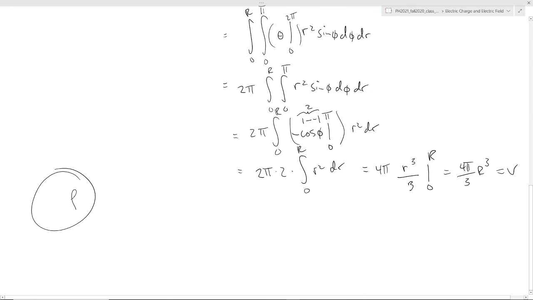And some of these are really simple because it'll just be some volume density. So this is just the charge per volume. And if this is a constant, this is really simple because when you go to add this up, you could integrate this over volume.